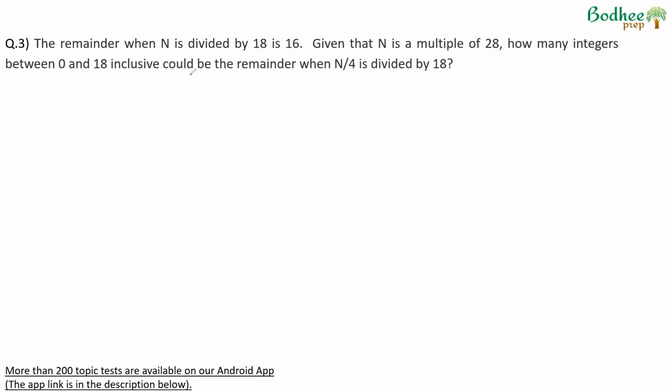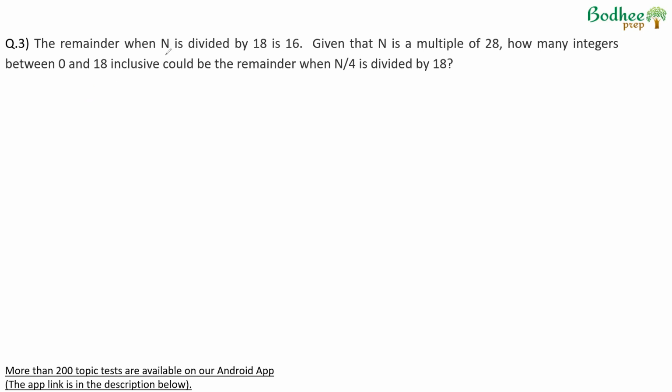The remainder when n is divided by 18 is 16. Given that n is a multiple of 28. So let us look at a number like this. N divided by 18 should give a remainder of 16, and should be a multiple of 28.